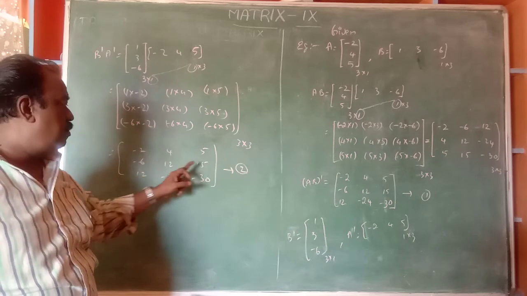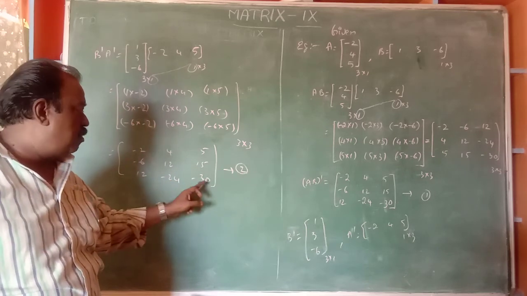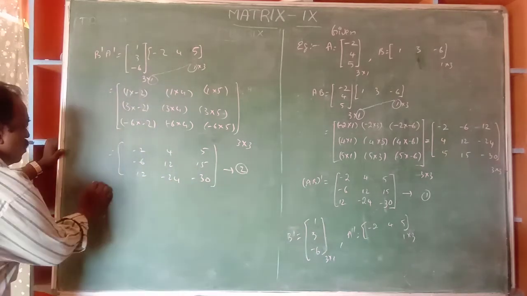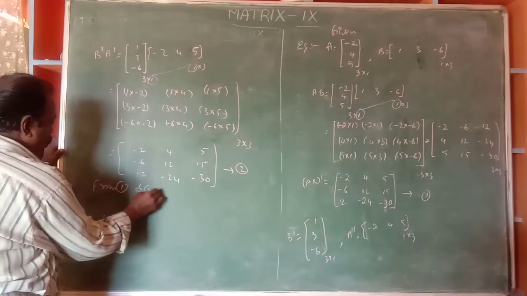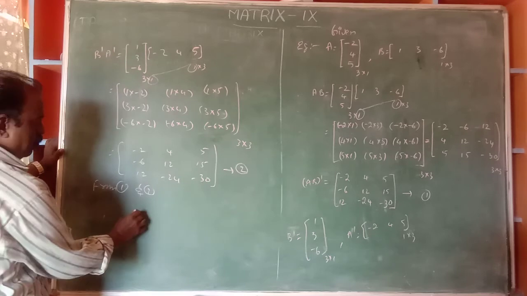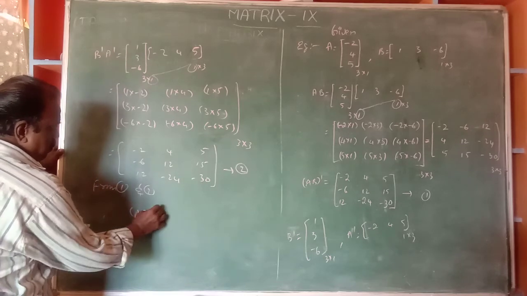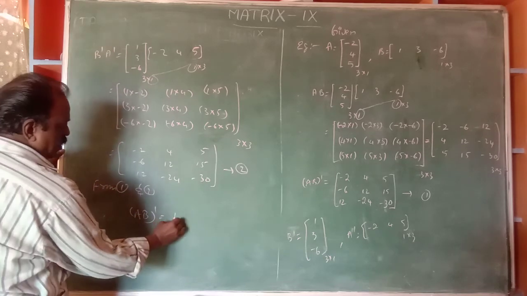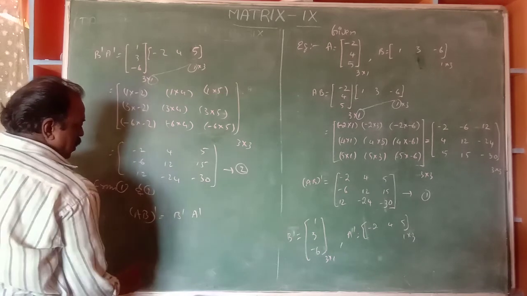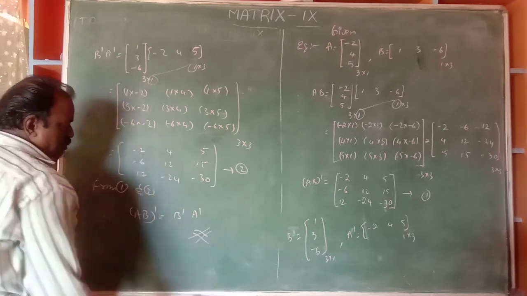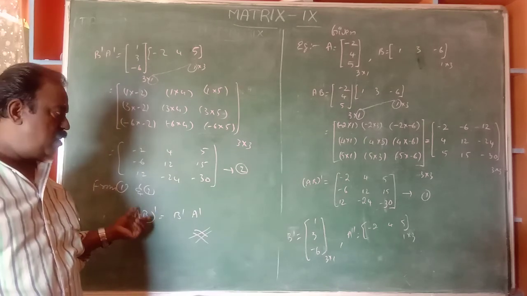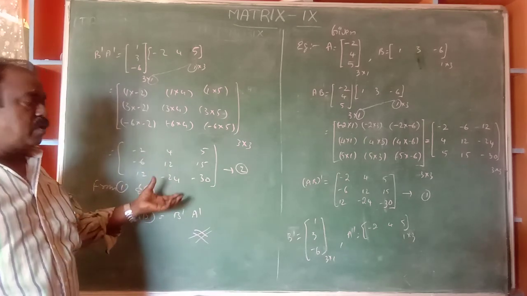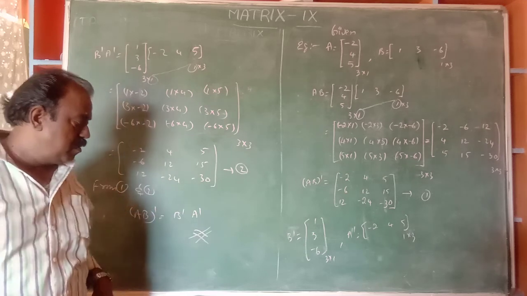Minus 6, 12, 15. 12, minus 24, minus 30. From 1 and 2, what we conclude? (AB) whole transpose is equal to B transpose and A transpose. Okay, now like this we have to prove. It is an important problem. Try to catch it correctly.